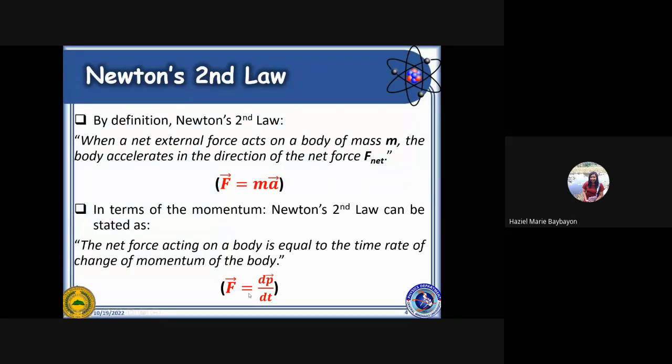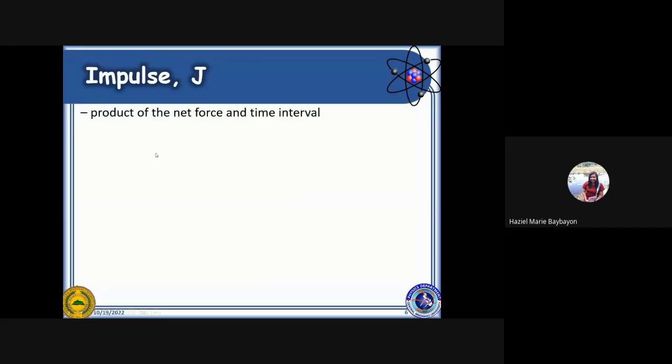Okay, so as you can see here, the net force multiplied by the time interval is just equal to the change in momentum. So again, impulse is defined as the product of the net force and time interval. So J is equal to F times delta t.